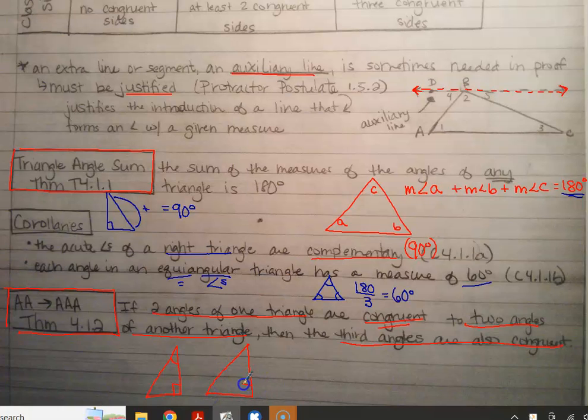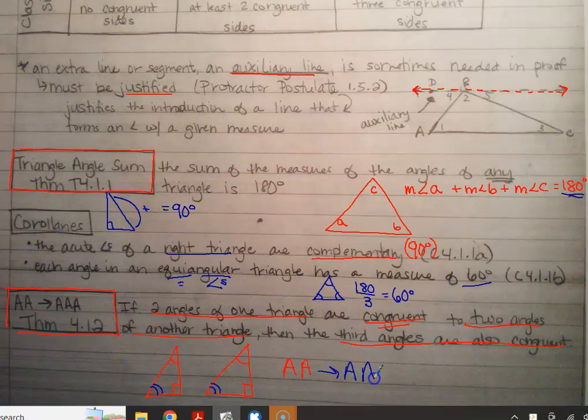or these two triangles, and you know these two are right, so they both have to be 90 degrees. These two are marked congruent, so you have two angles that are congruent. Then you know that this third angle has to also be congruent.